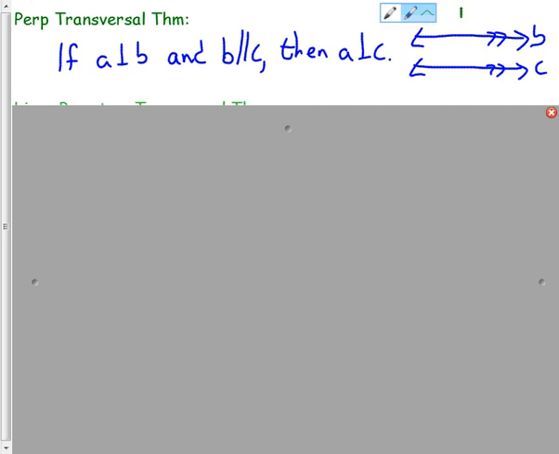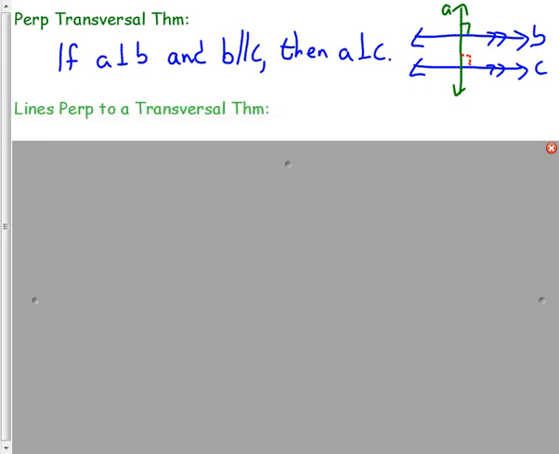And we're going to drop a transversal in here such that it's perpendicular to B. If it's perpendicular to B and these lines are parallel, by the corresponding angles postulate we know that this is also going to be 90 degrees. That's what this theorem is stating.